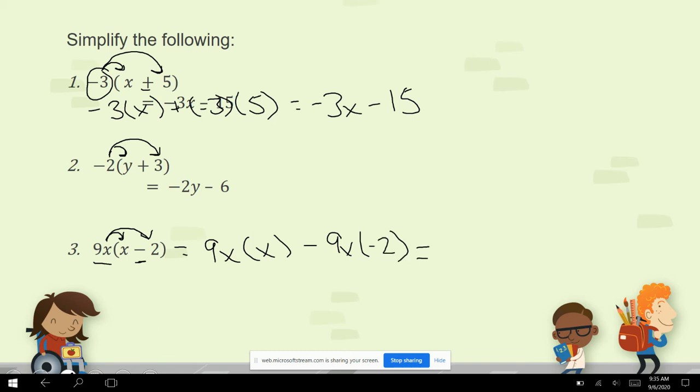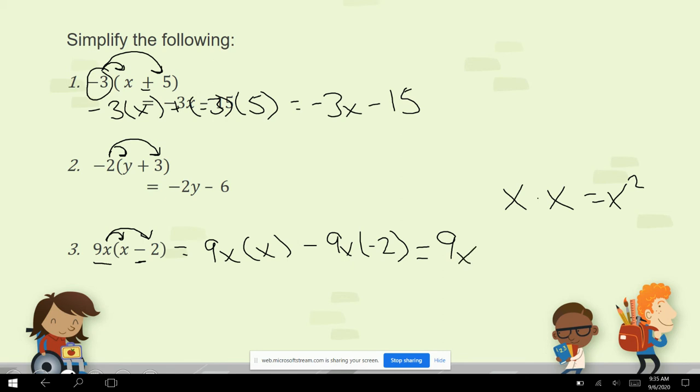If you remember from 8th grade, x times x, which is what we have in the middle of our 9x times x, is the same as x squared, because we have two x's that we're multiplying to each other. Remember, if we're squaring something, it's the same as multiplying it times itself.